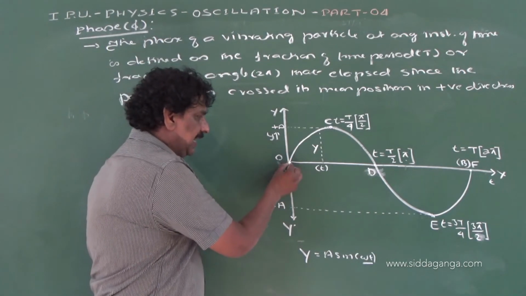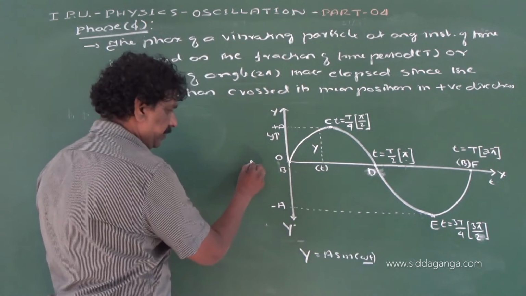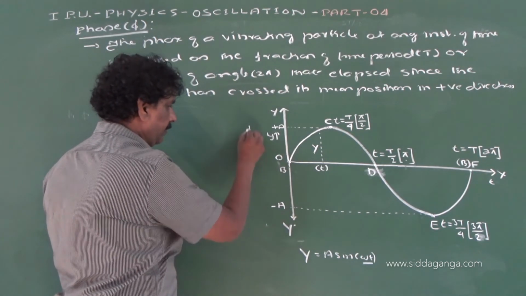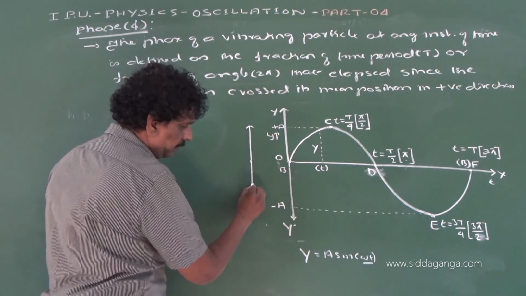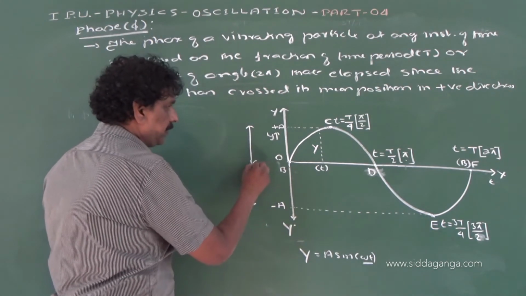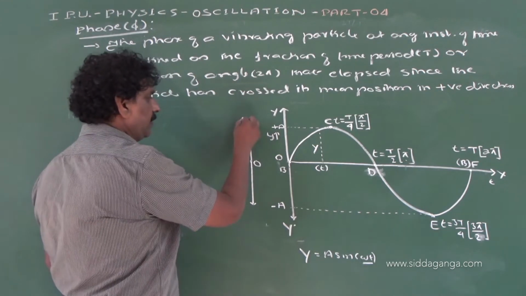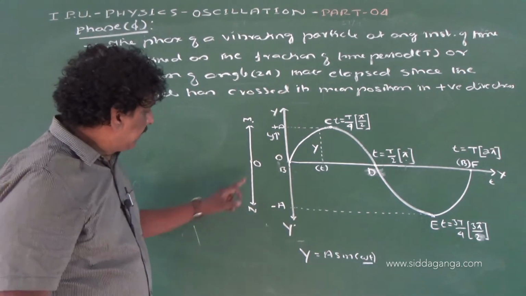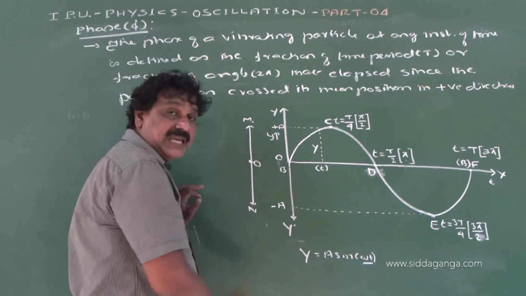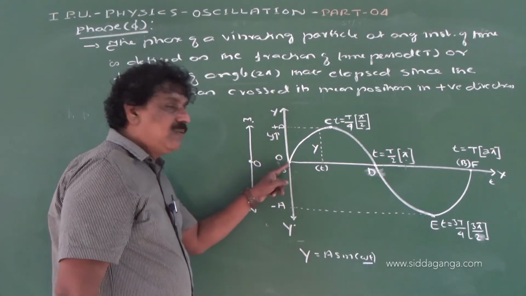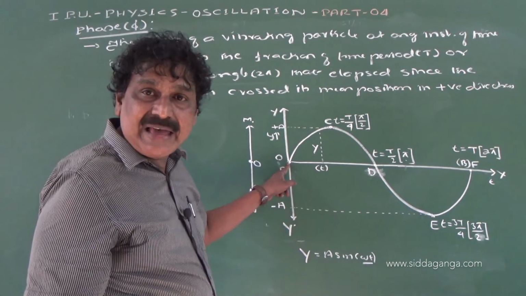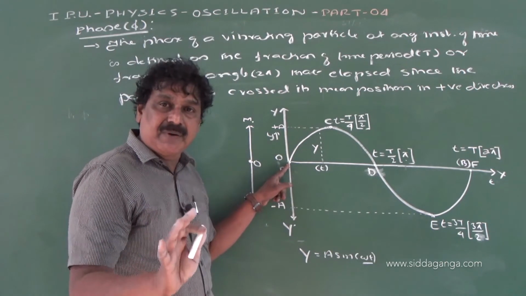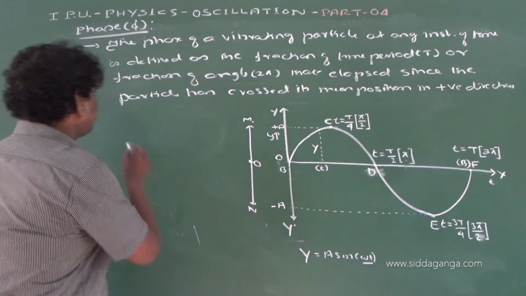Now, when the particle is at O, when the time t is equal to 0, no time has elapsed, and the phase of the particle is said to be 0.